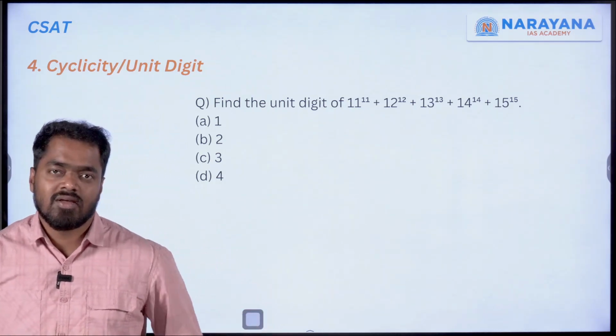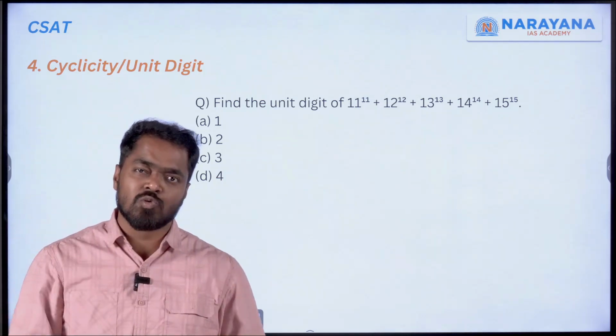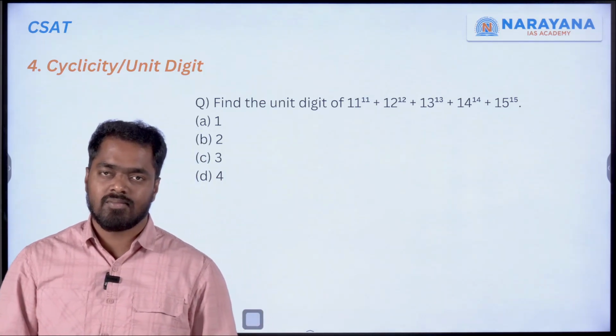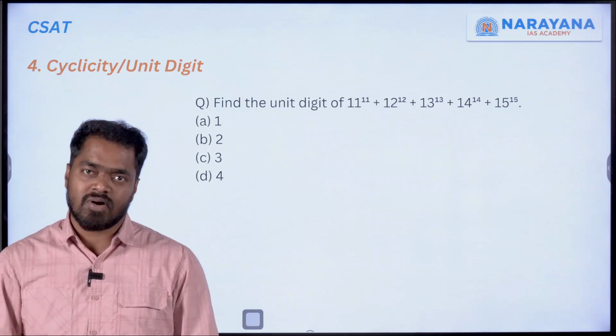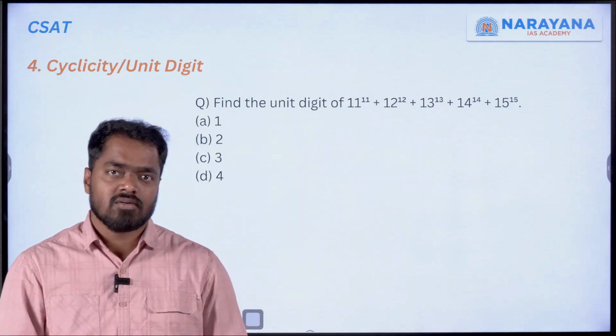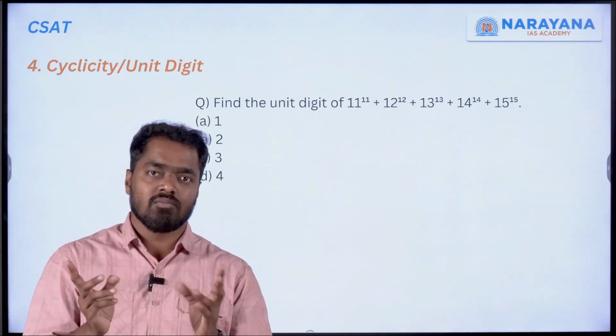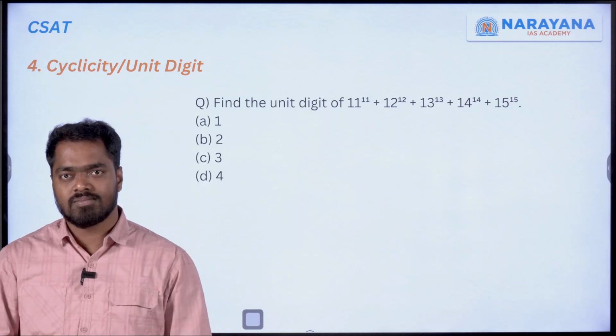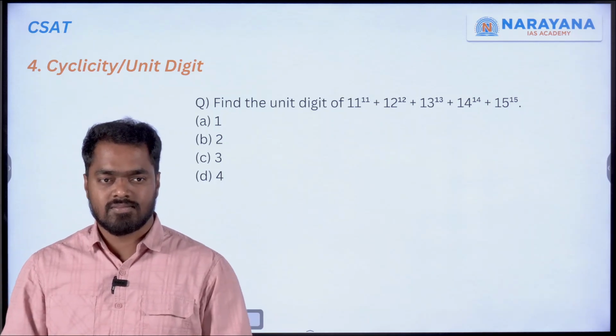So here the combination of those two rules you should apply, for the base to the power kind of question only, but here you have to apply both the rules combinedly.